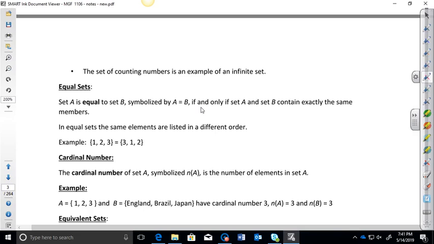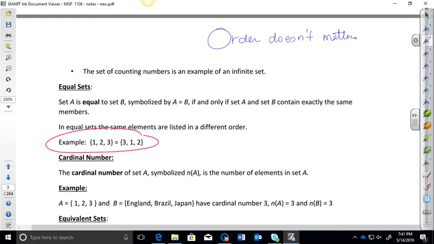As long as elements are same, numbers are same, then yeah, they are equal. So these 2 sets are equal. Remember, order does not matter in a set. And you don't repeat, okay? You don't write 1 twice.